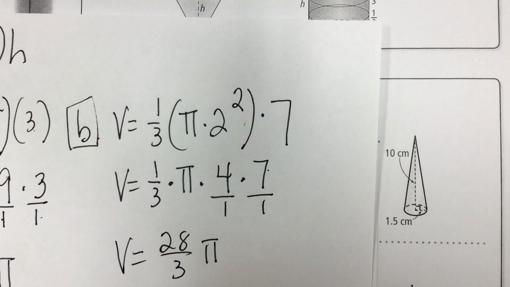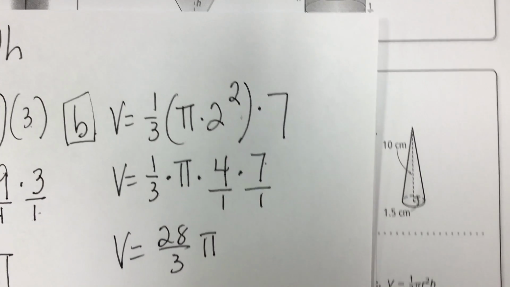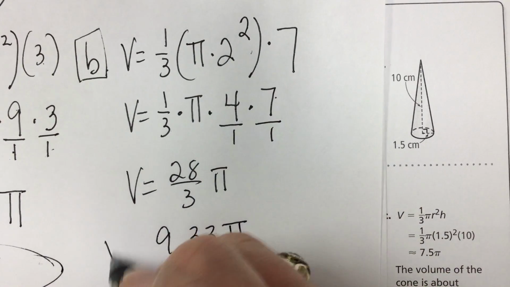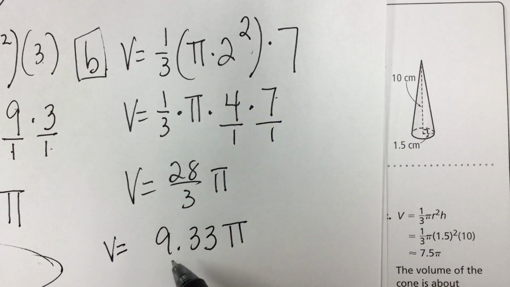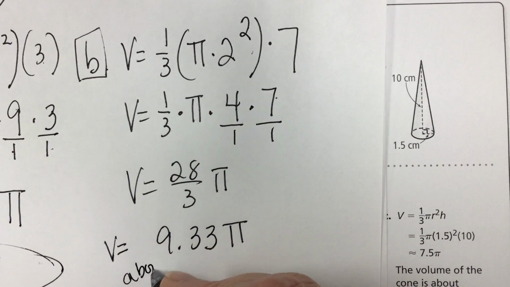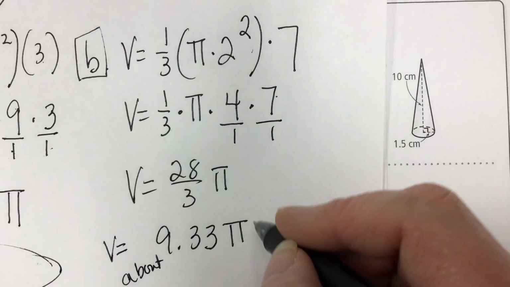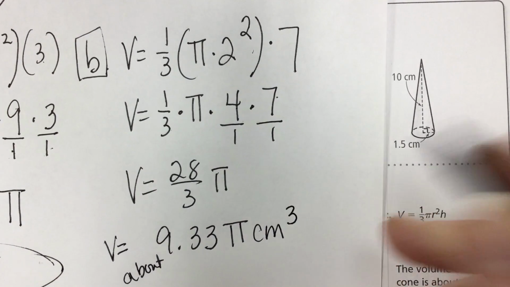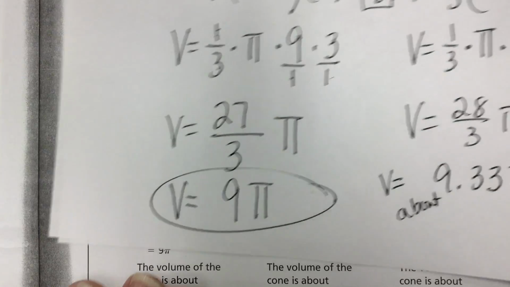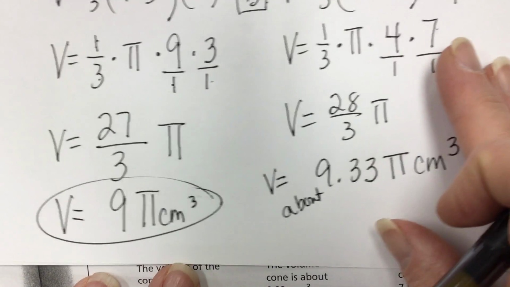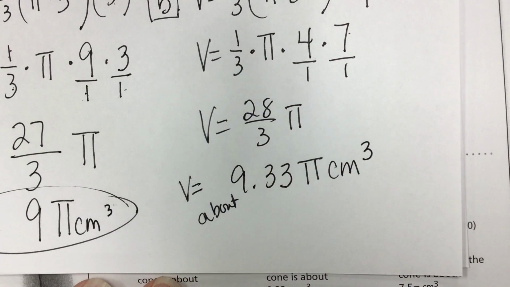When you do, you get 9.33333. So I'm just going to round that to 9.33 pi. So volume is approximately 9.33 pi, and that's centimeters cubed. Let me put centimeters cubed on both of these answers because volume is cubed, area is squared, but any volume you're trying to find is cubed.